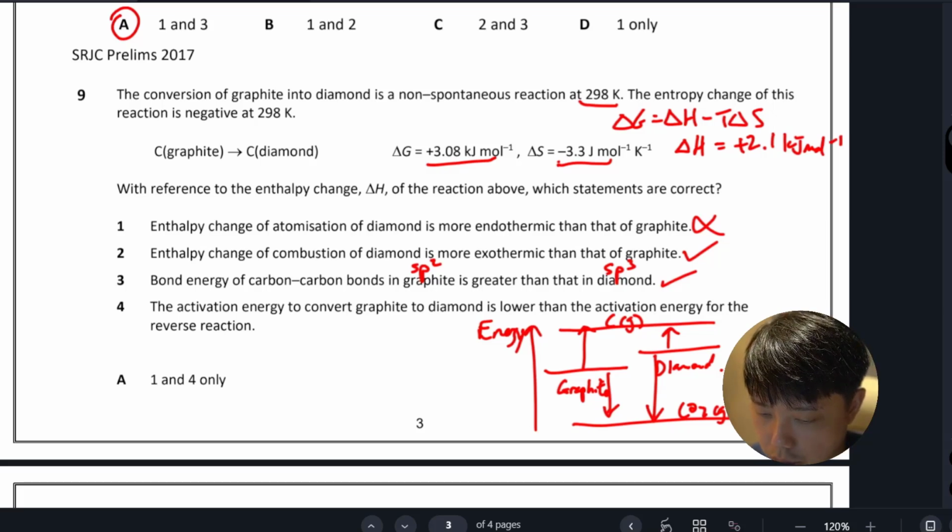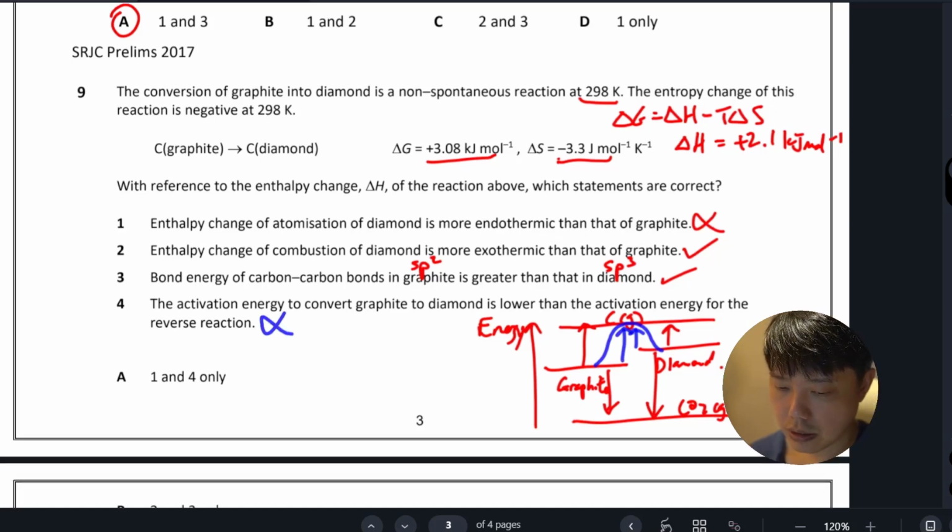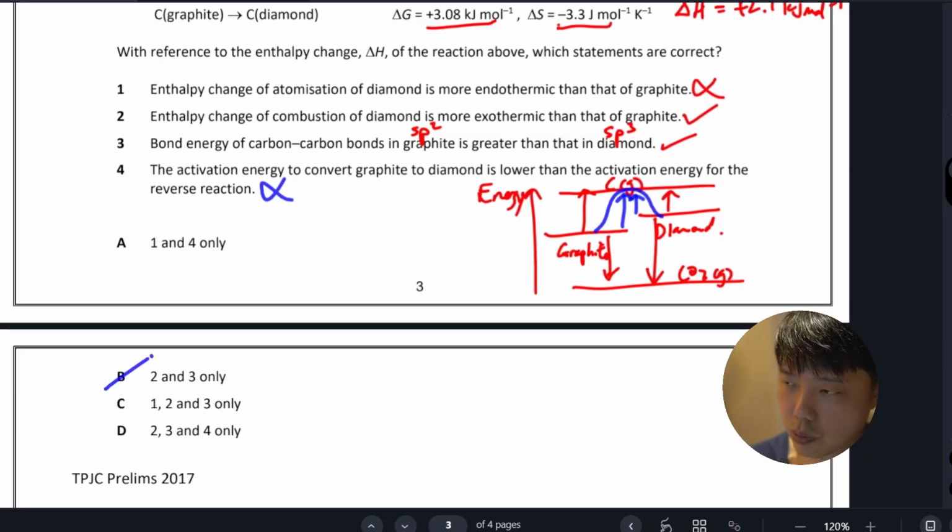Statement 4, activation energy to convert graphite to diamond is lower than the reverse. In fact, the activation energy to convert diamond to graphite is lower; the other is higher. If you draw it out, you realize that if you go the reverse way, the arrow is shorter, but from graphite to diamond, the arrow is longer. So statement 4 is wrong. Our answer here is B, 2 and 3 only.